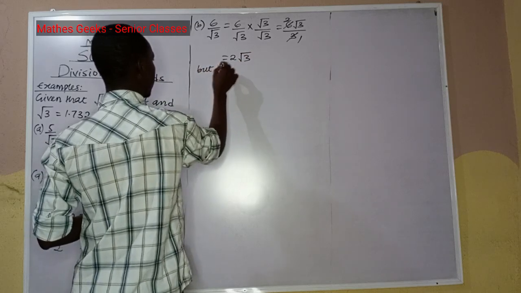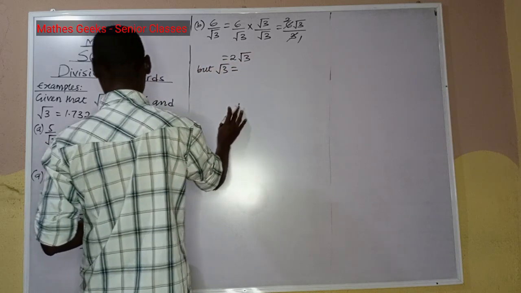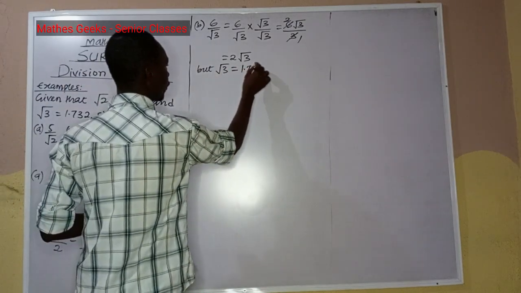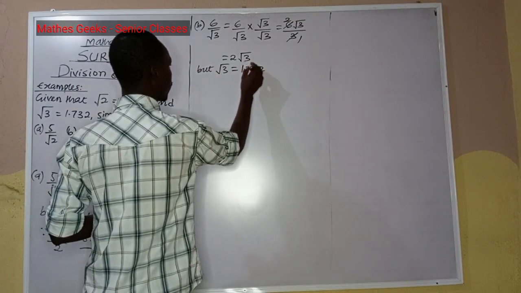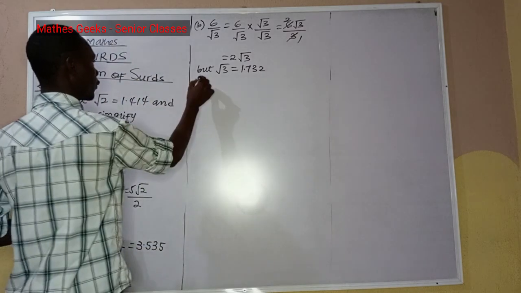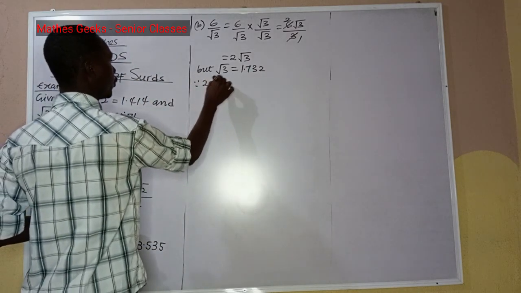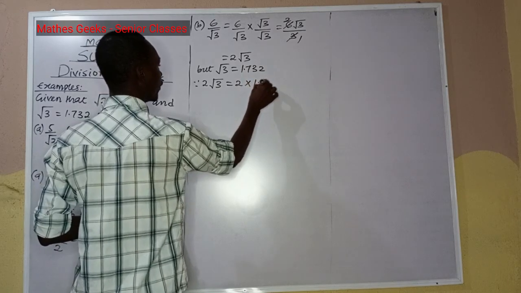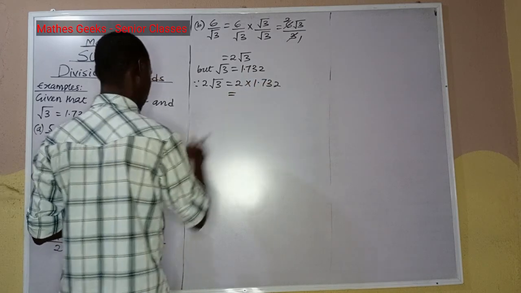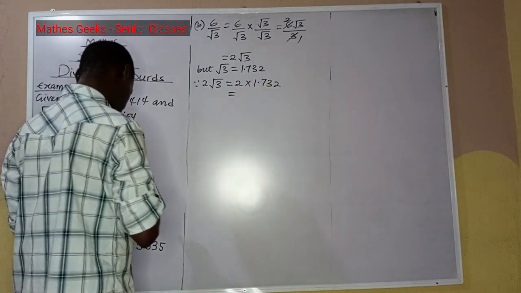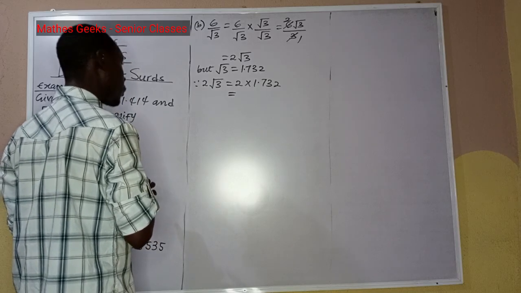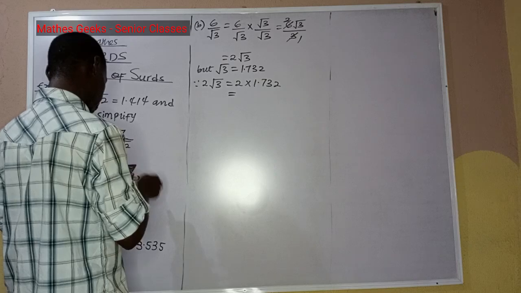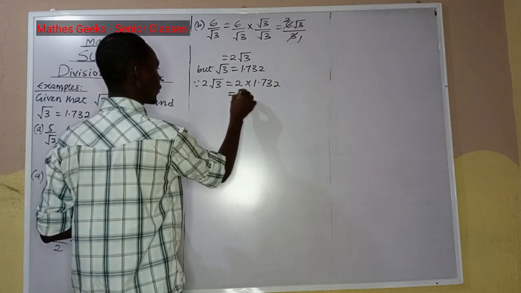But root 3 is equal to, from what we were given here, 1.732. So therefore 2 root 3 is equal to 2 times 1.732. That is equal to 3.464.